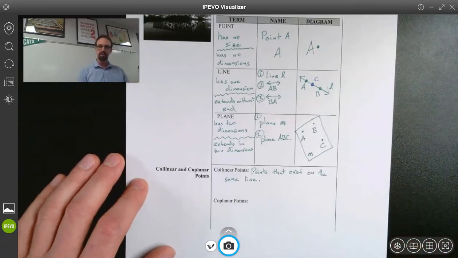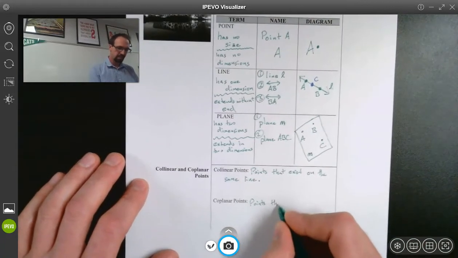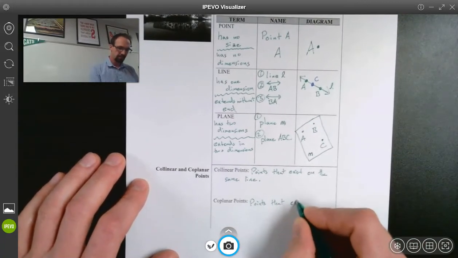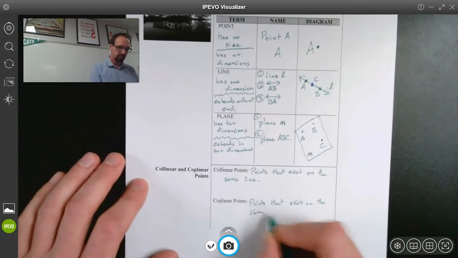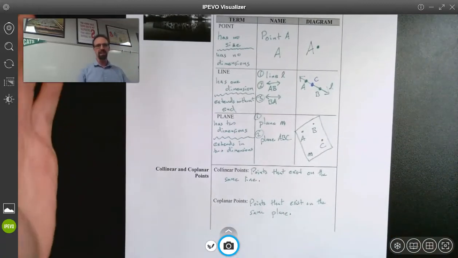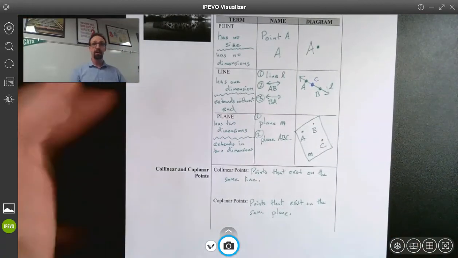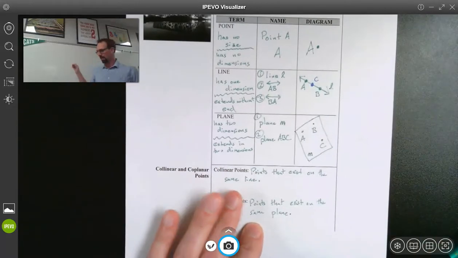Coplanar points are a little bit different. These are points that exist on the same plane. A lot of people might think, oh, well, don't all points on a plane exist? Imagine, if you will, I have a point on this paper so you can see it, but then I also draw a point behind me on the whiteboard.